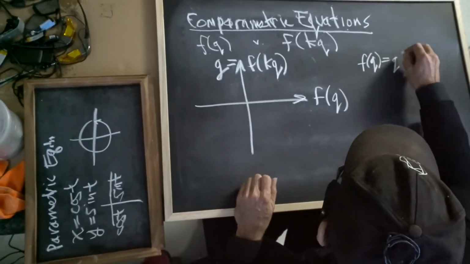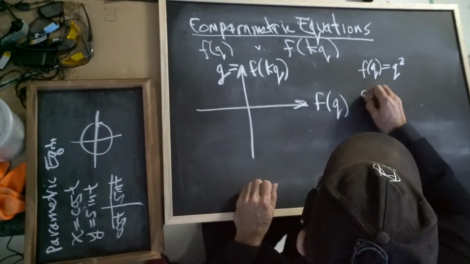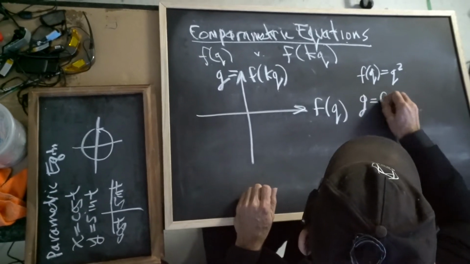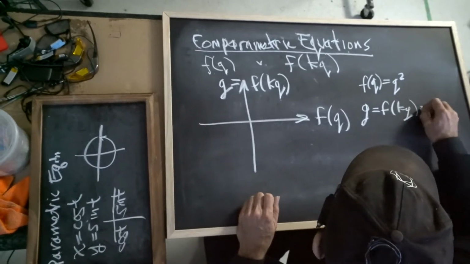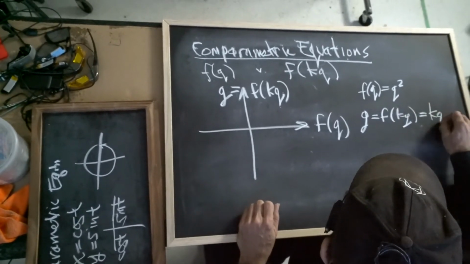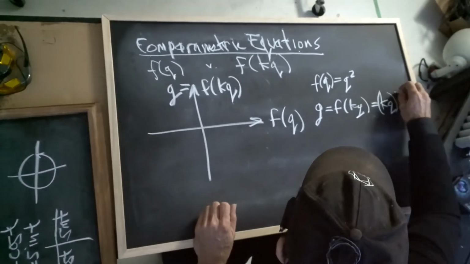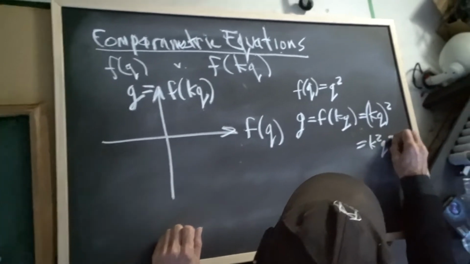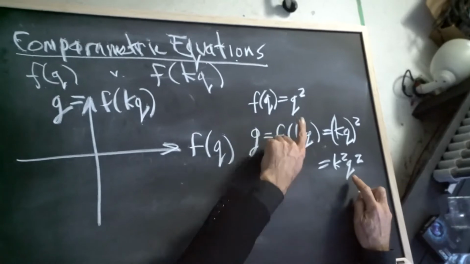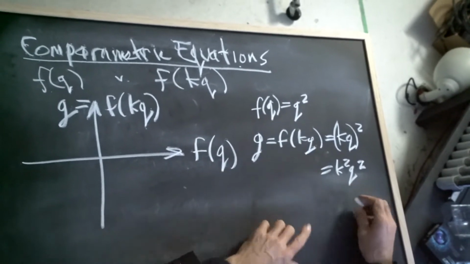So let's take as an example, say f of q equals q squared, and then g equals f of kq equals kq squared equals k squared q squared. And now what do we recognize? This is k squared times f.